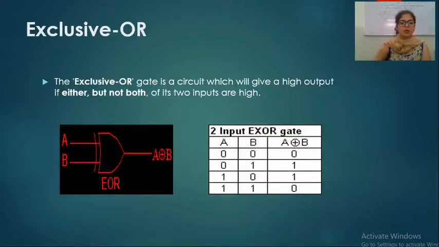Next gate is the XOR gate, the exclusive OR gate. This gate gives high output only if one of the inputs is high, otherwise it gives false output. The exclusive OR gate is a circuit which gives a high output if either but not both of its inputs are high. This is the symbol and the truth table of the XOR gate.